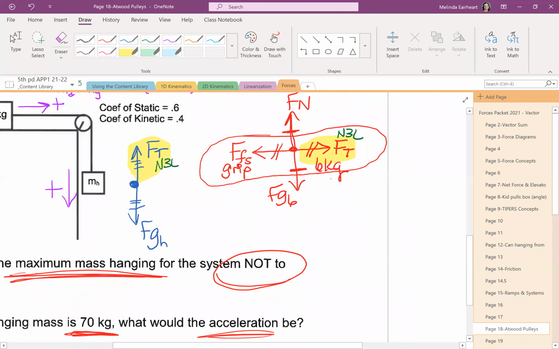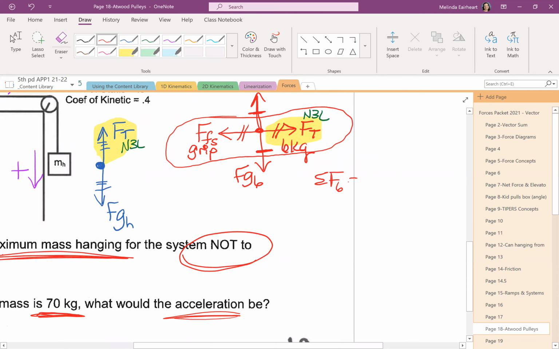And so FNet for the 6 is going to be, I'm going to go with positive being first, so tension minus that friction. And then what about the hanging mass? So FNet H, the forward direction would be down, so I'm going to say FGH. And then tension is pulling the opposite direction.